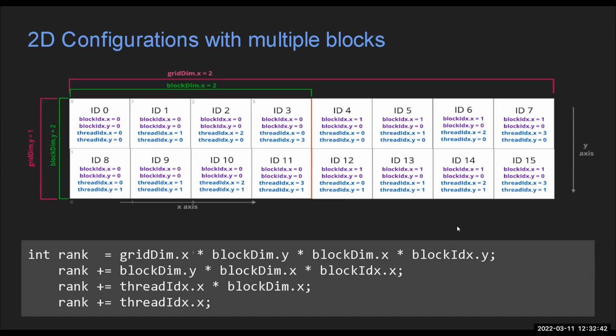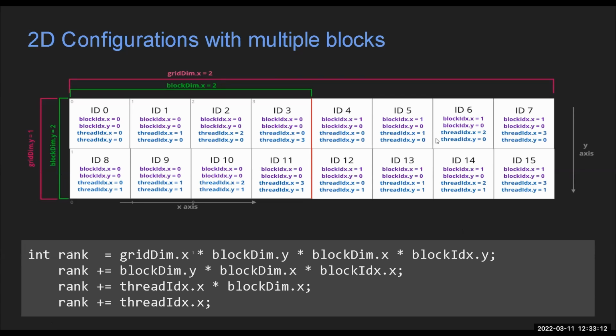If we have another block, that means we have all 16 of these in front of whatever else we're looking at. And we get 16 by getting the number of blocks in the grid, which is 2, times the length of those blocks, which is 4, times the height of those blocks, which is 2 again. And that's how we get this 16.